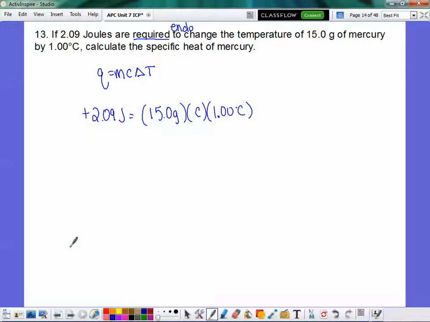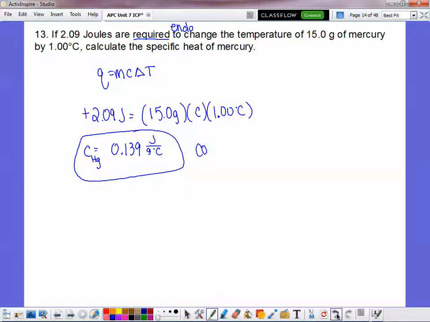All right, so now it's just algebra. C of mercury is 0.139 joules per gram degrees Celsius.